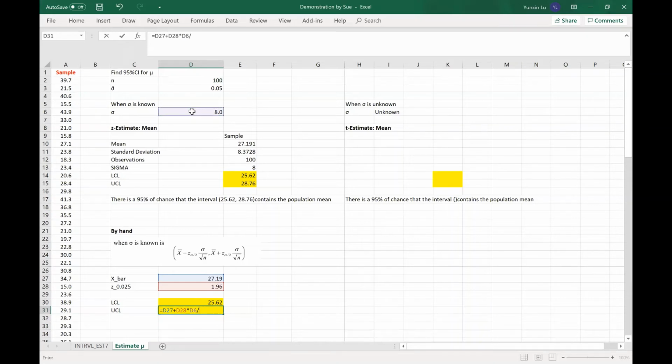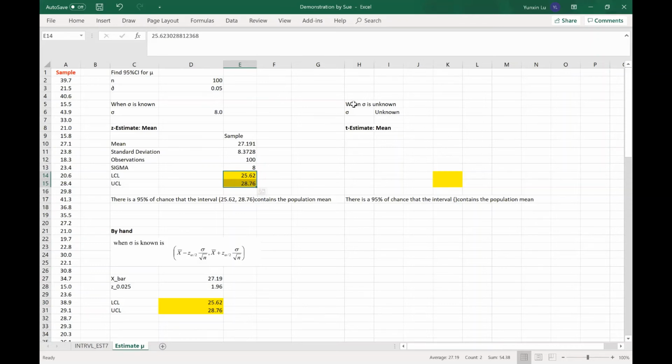Divided by the square root of n. So that is the result, they are the same. That means we did it correctly.